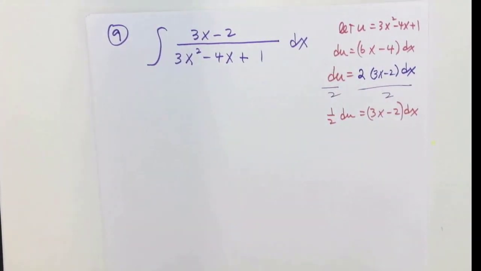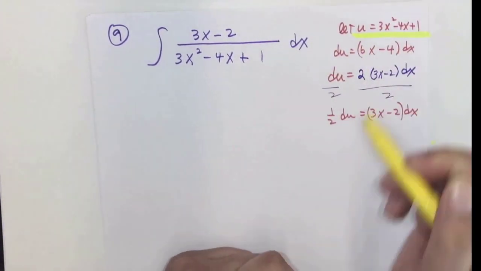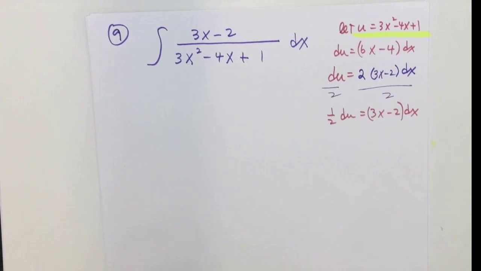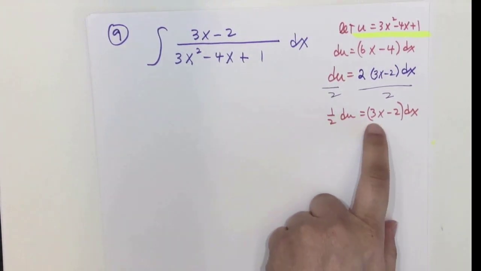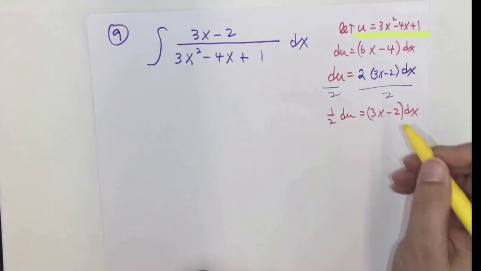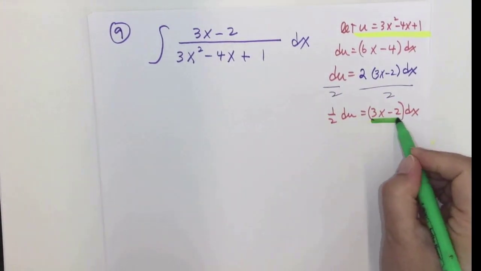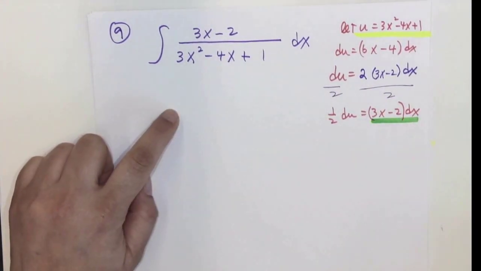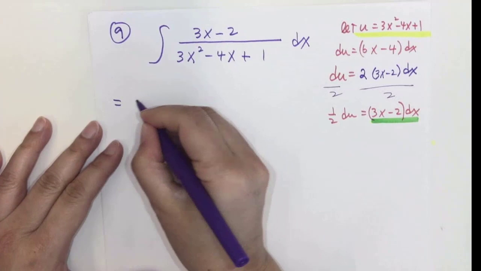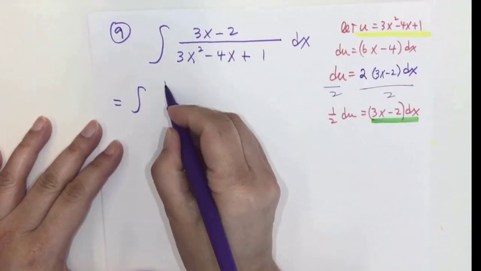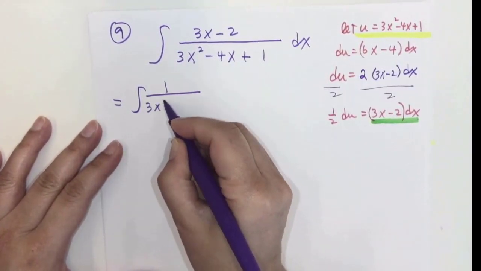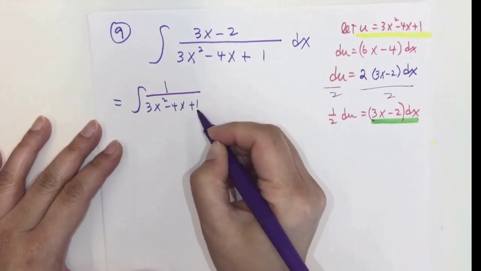The part that you use to substitute, including the u part, and also the dx with the 3x minus 2, this part. So I'm going to put them in order for you to see more easily which part you're substituting. The first part is your u, which is 1 over 3x squared minus 4x plus 1.